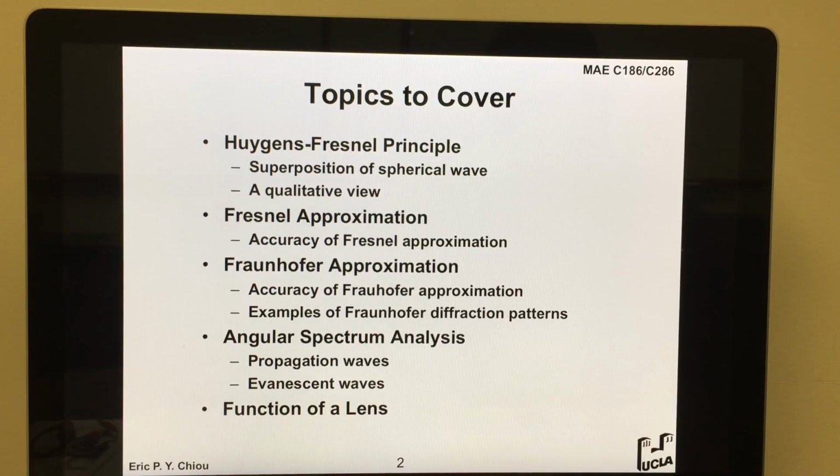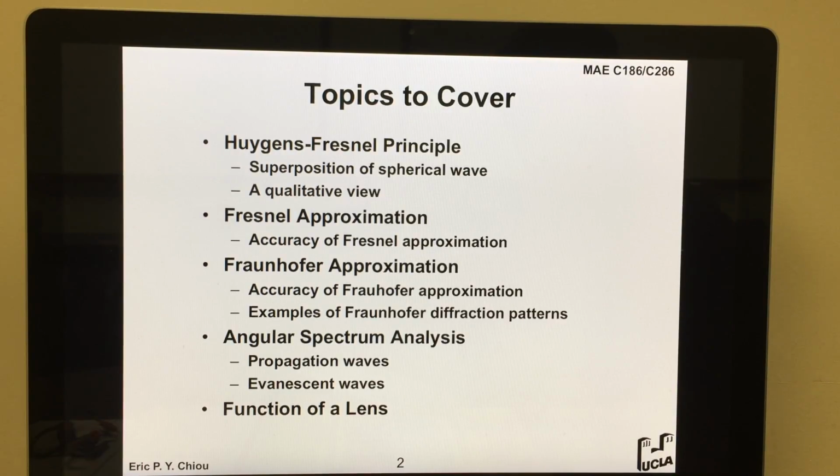So on Monday we went through where this is from. Every point on a wavefront can be considered some kind of spherical wave, and the wave propagation in space is through this wavefront, with new spherical light sources generated, and then they form interference with each other and propagate through the space.